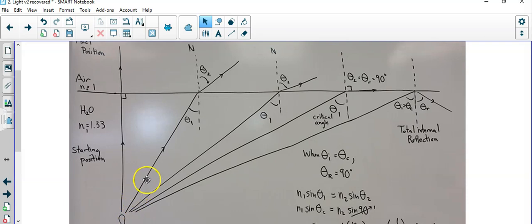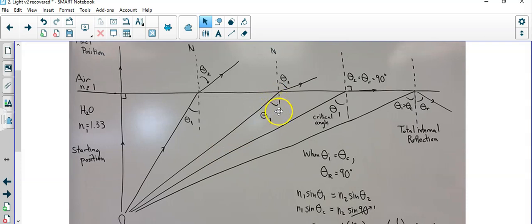Now if I examine this ray here, it meets the normal line, which is this dashed line, at some theta 1. And because you're going from high n to low n, you speed up and you bend away from the normal. This is a typical refraction that you would be expecting. The same bulb is emanating a light ray somewhere to this place in the water.